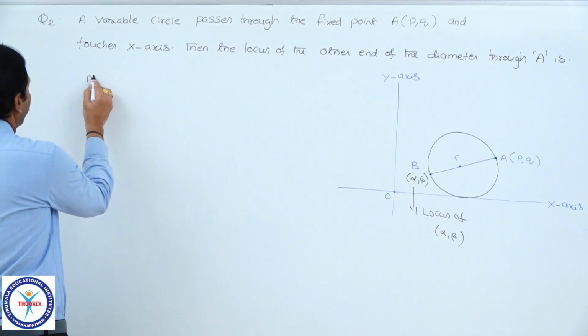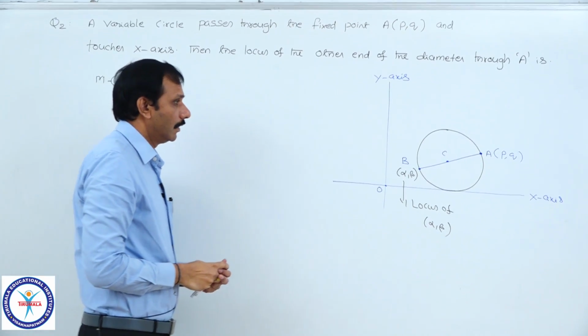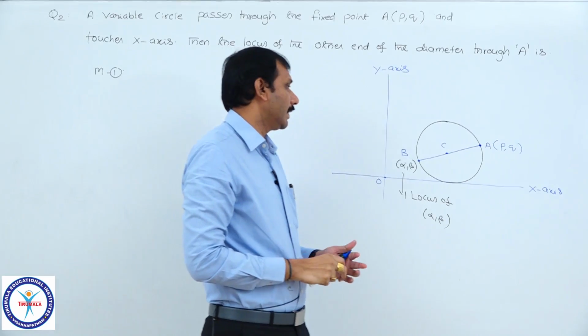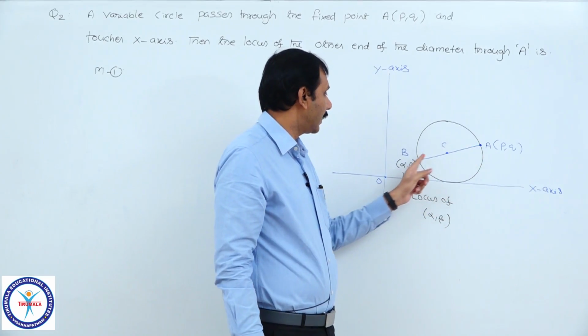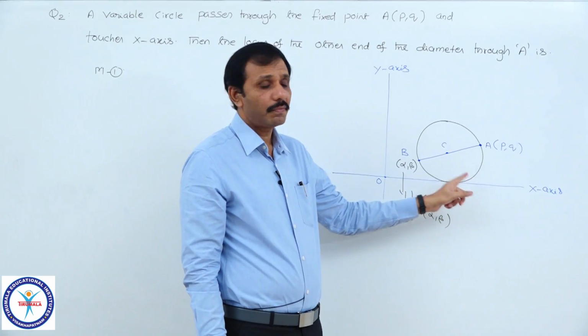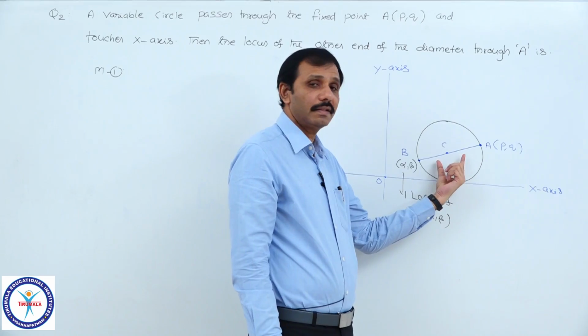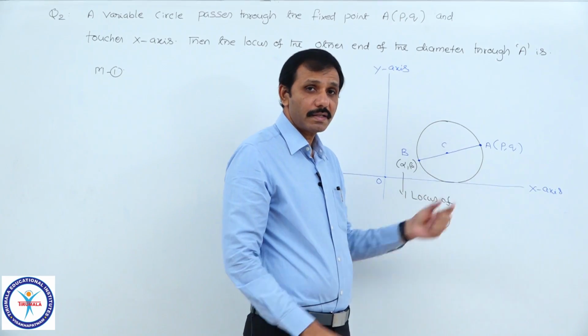I will do method 1 first. Now the moment you look at this, because these are the extremities of the diameter, we can write the equation of the circle passing through these 2 points having A, B as ends of diameter.